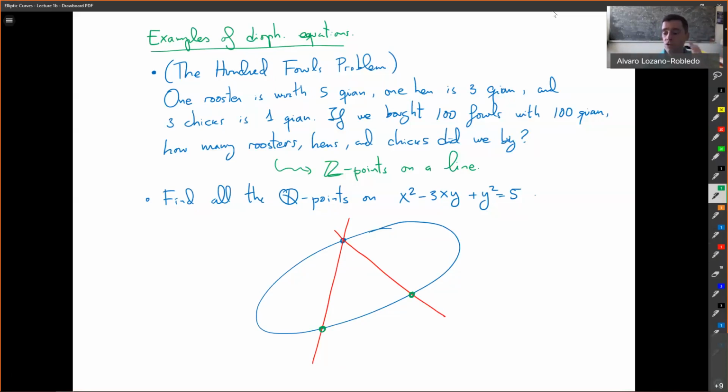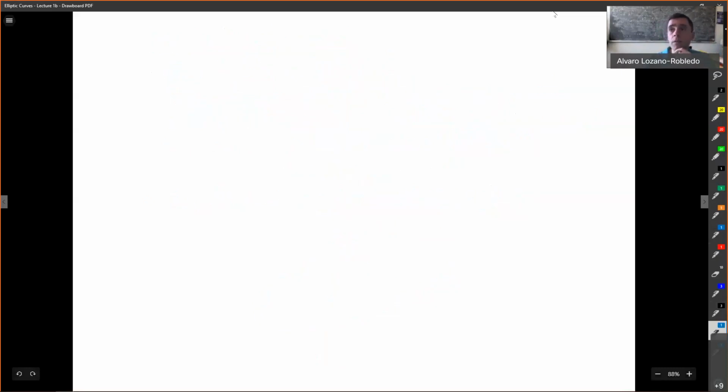But finding the integral points is the hard part. So let me show you one example that is also in the problem set, which is the following. Triangular numbers are those numbers that can be arranged in an equilateral triangular form. So this is a triangular number. 3 is a triangular number. 6 is a triangular number, and so on.